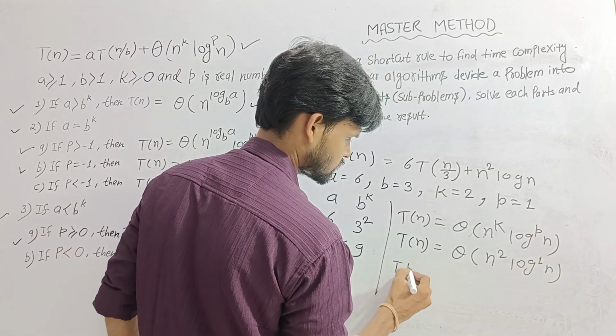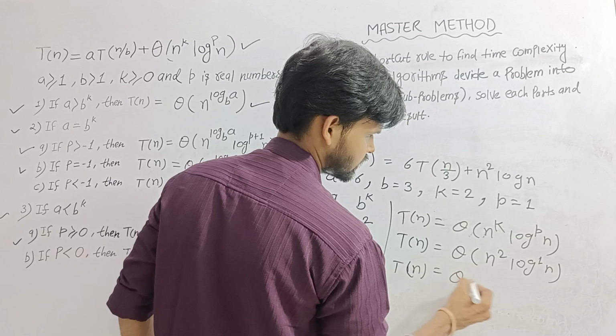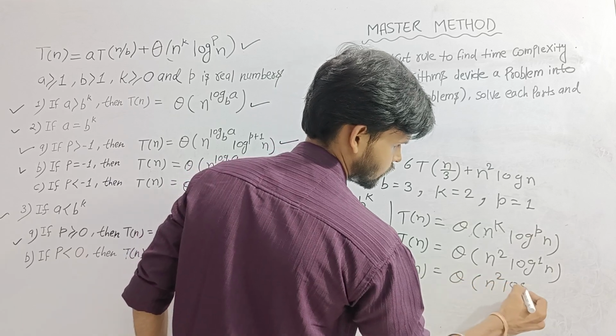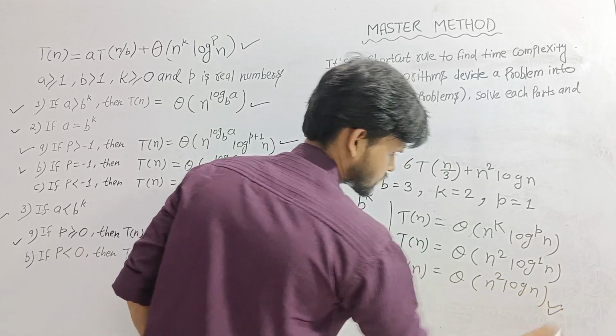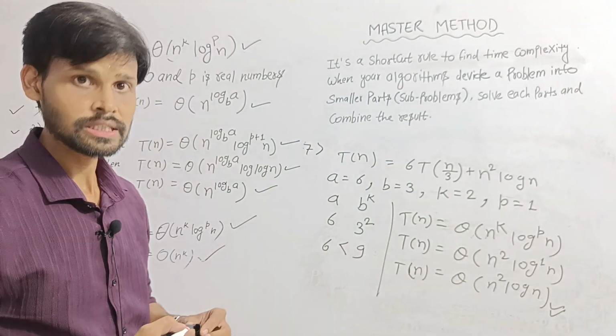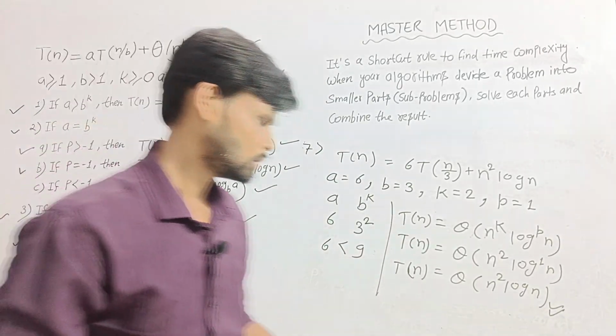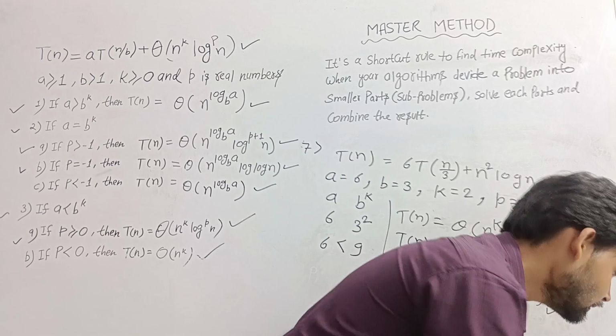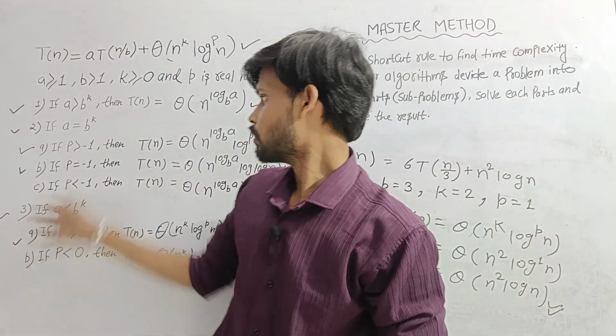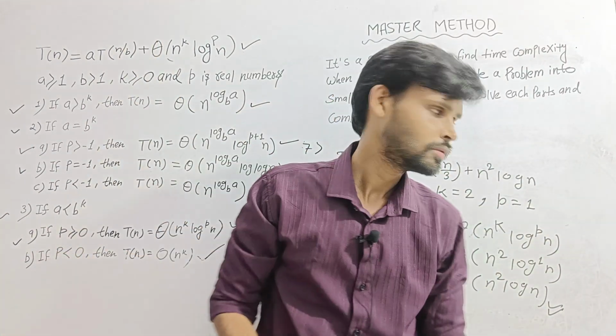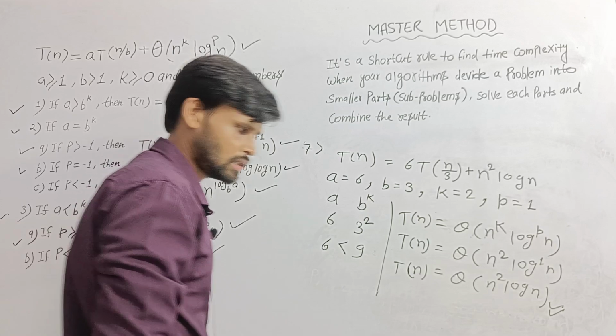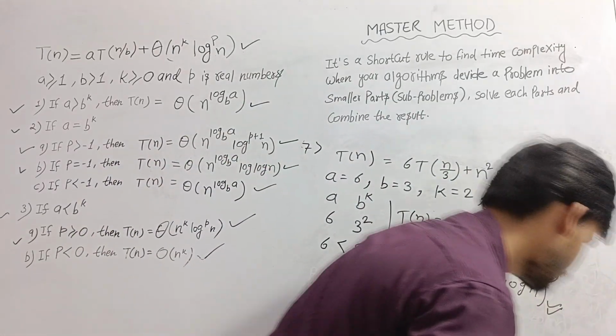So here you can see T(n) = theta of n^2 log n. This is the time complexity of the given recurrence equation. I hope you understand these things. First you have to know all the cases, then you can directly apply the master method. Clear?